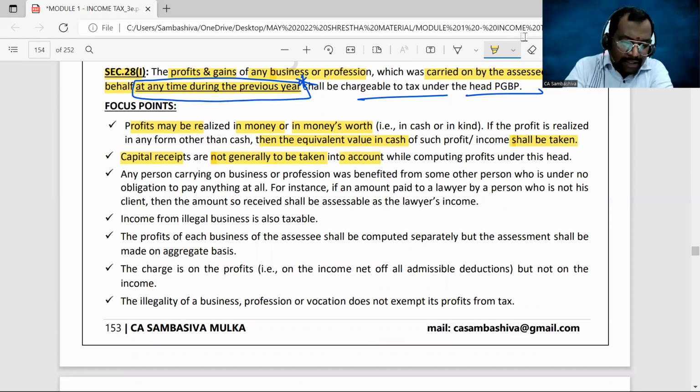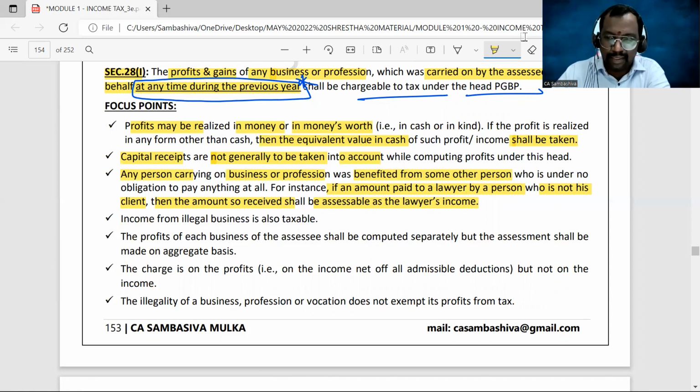Next, any person carrying on the business or profession who was benefited from some other person who is under no obligation to pay anything at all. Look at this example. If an amount is paid to a lawyer by a person who is not his client, then the amount so received shall be assessable as the lawyer's income. Assume that you are the lawyer and you argued a particular case on behalf of your client and you won the case.